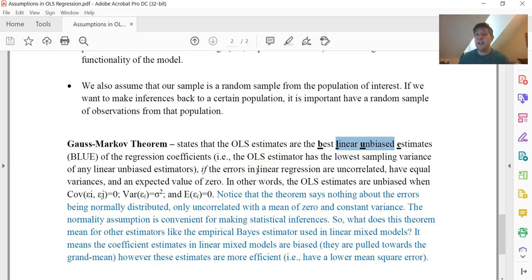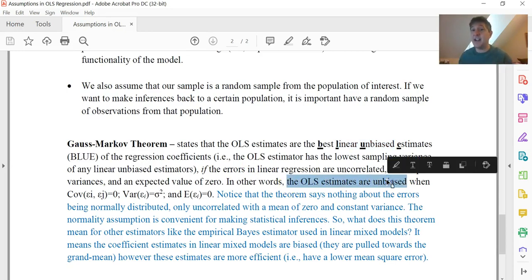So if the errors in the linear regression are uncorrelated, have an equal variance, and have a mean of 0, then the OLS estimates are unbiased, they're actually the best linear unbiased estimate.